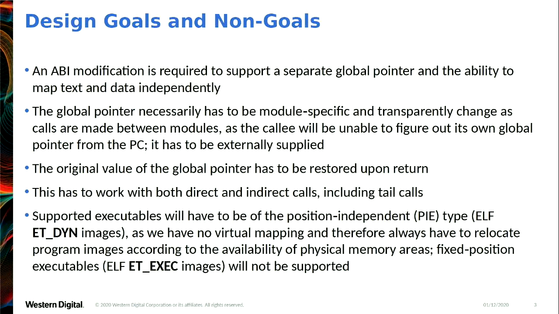So what are our design goals? We need to modify the ABI so that we have a global pointer, which can then be used to access data. And we want to map text and data independently. The global pointer has to be specific to the individual module.